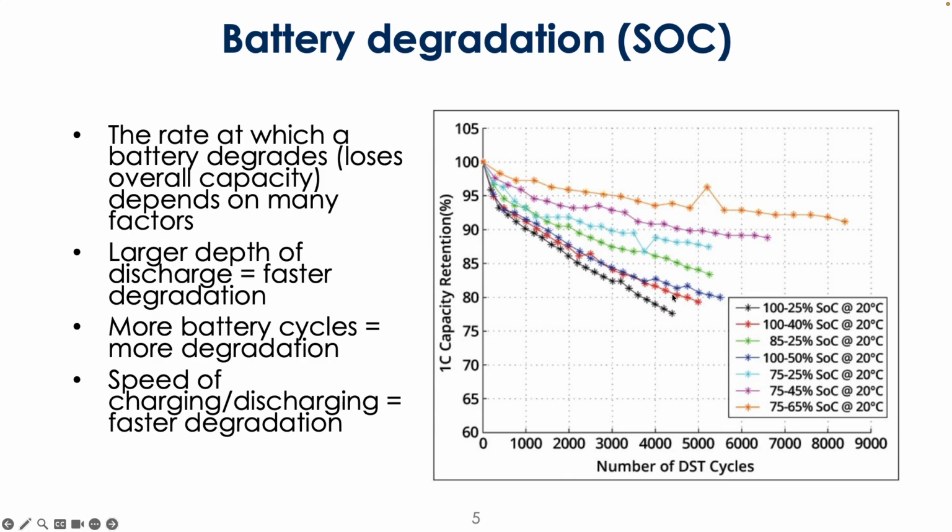So the black line is doing a larger depth of discharge, and the total capacity of the battery decreases faster over the same number of cycles. We'll also notice in terms of the trends that the more cycles you're doing, the more you're degrading. So the more you use your battery, the more it'll degrade.